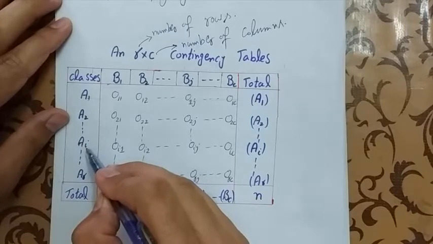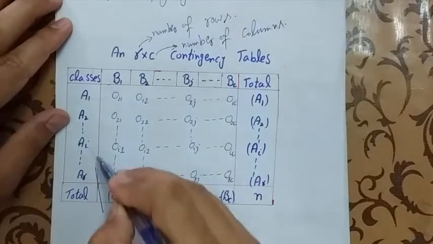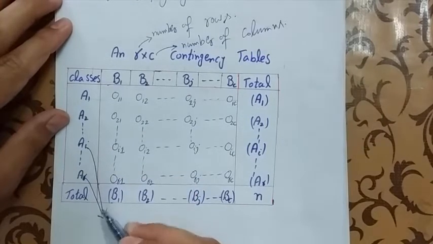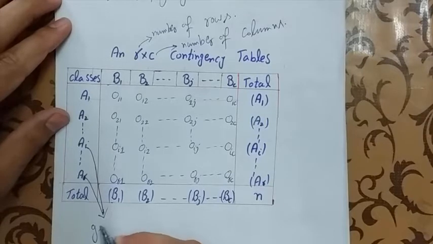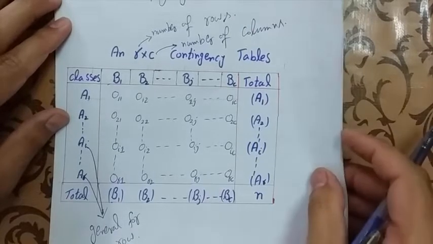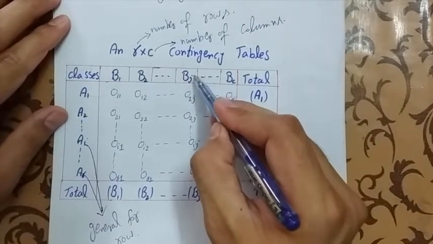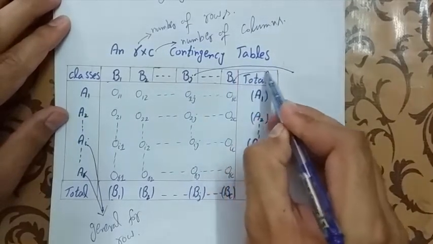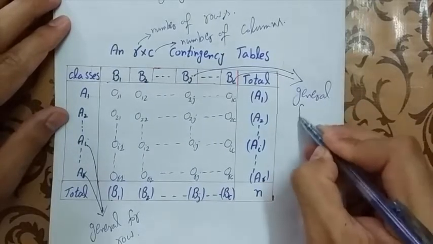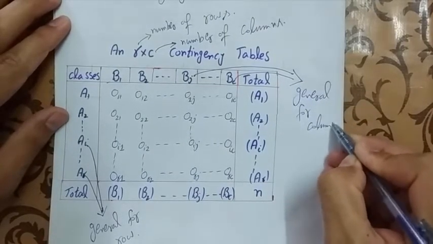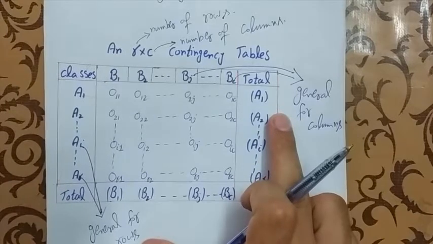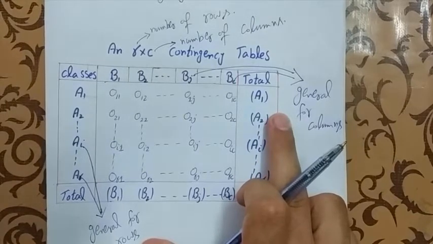Dear students, for the number of rows, I and small r are used for generalized form, and J for columns, B and C. These notations are used for rows and columns to generalize the format.